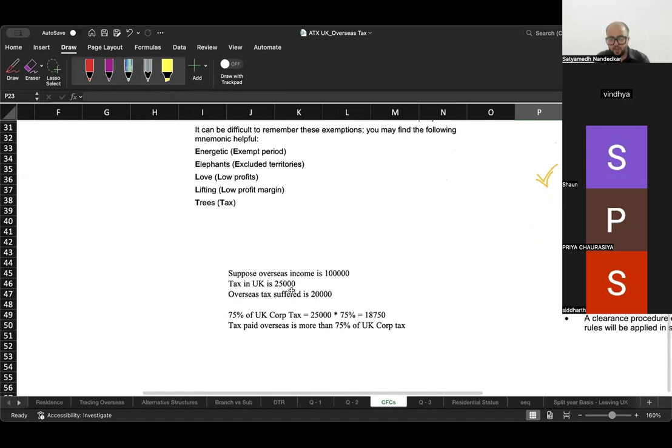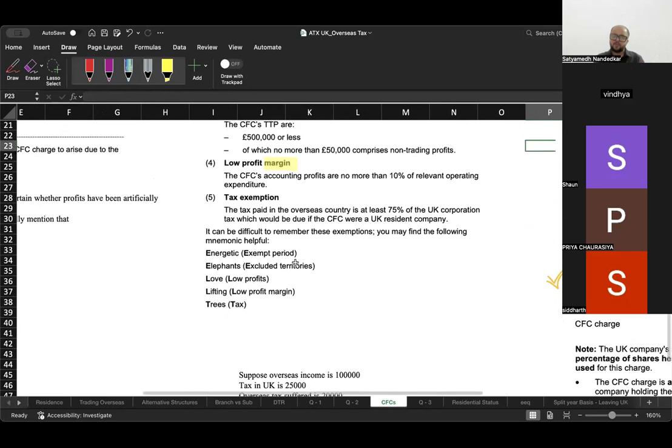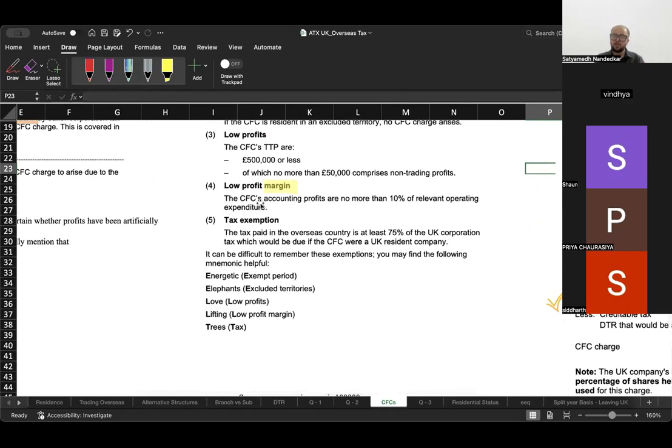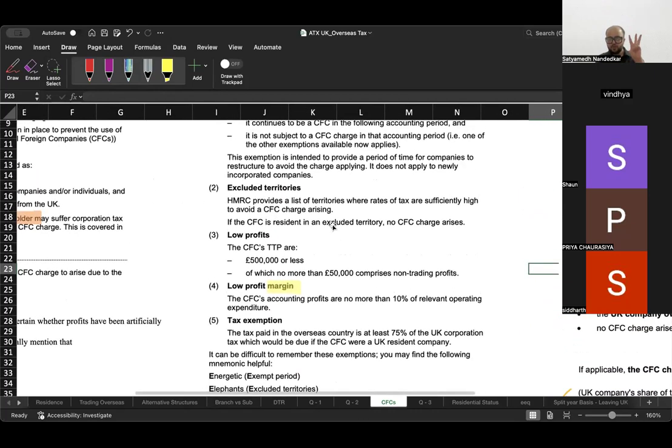What does that mean? Calculate 75% of 25,000, which is 18,750. Now, if the tax suffered overseas is 18,750 or more, then you will fit under this particular exemption clause of tax exemption. And again, the CFC profits will not be taxed in the UK. So 4 conditions: excluded territory, low profits, low profit margin and tax exemption.